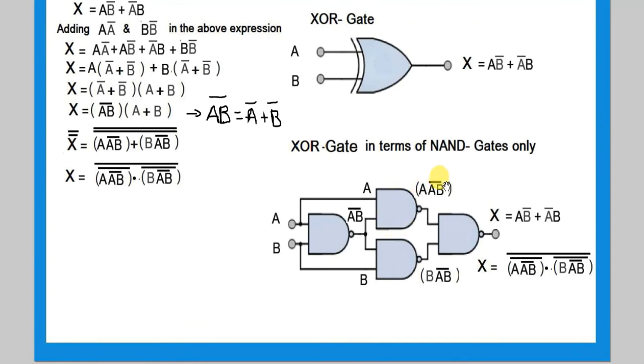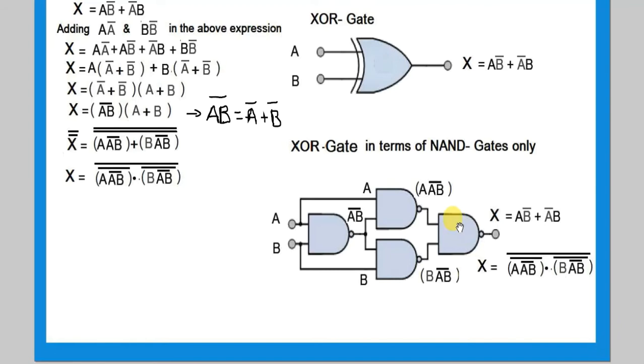You can see that we have almost similar gates, but one gate fewer than the previous method 1. In this case, this is the first gate, this is the second, this is the third, and the fourth. A is here, and the complement of AB we get from these two, giving A into the complement of AB, which is fed here.